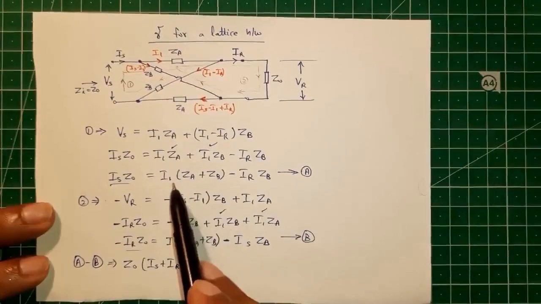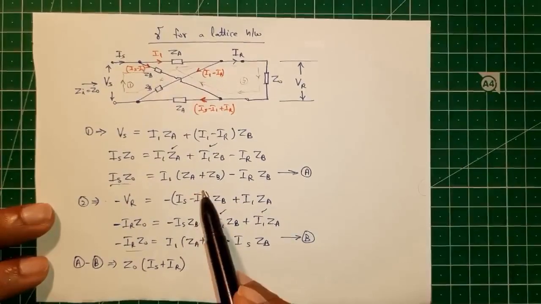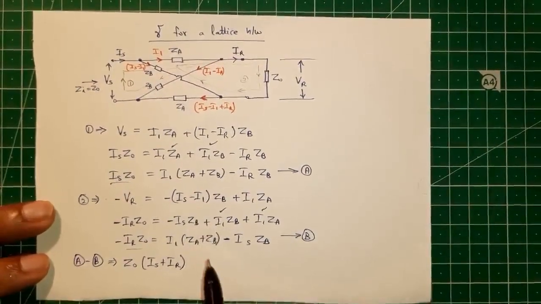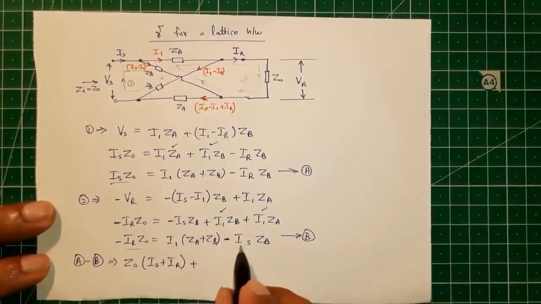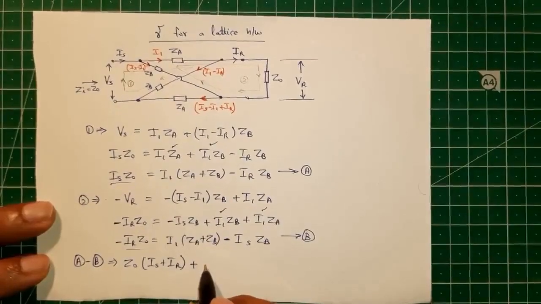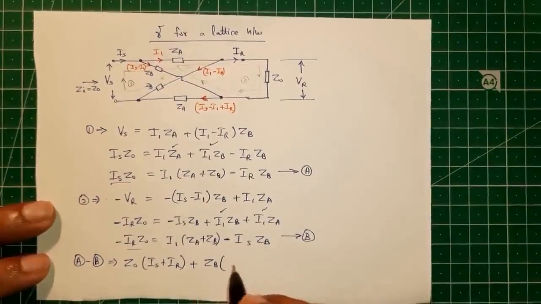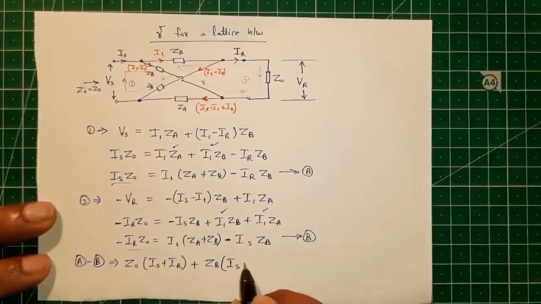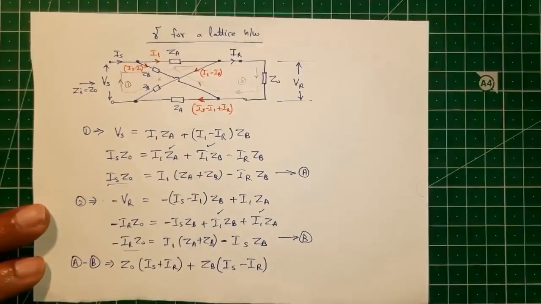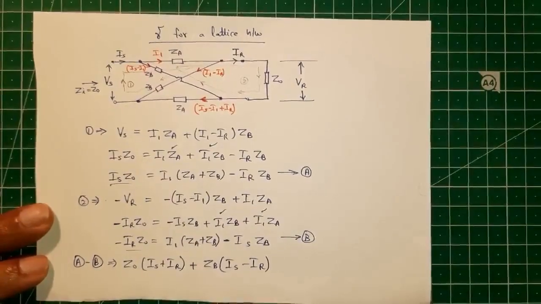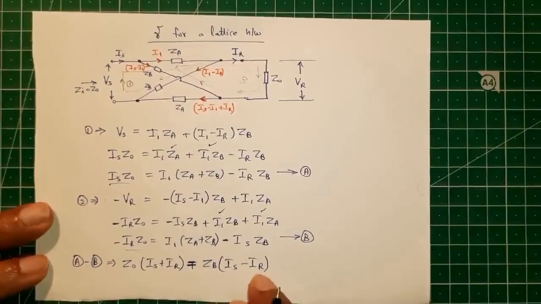And this one will get cancelled: I1 into (ZA plus ZB) minus I1 into (ZA plus ZB) will yield zero, that term will get cancelled. So we have minus of this will be plus. ZB we take common from this, ZB into (IS minus IR). So this is the right hand side.